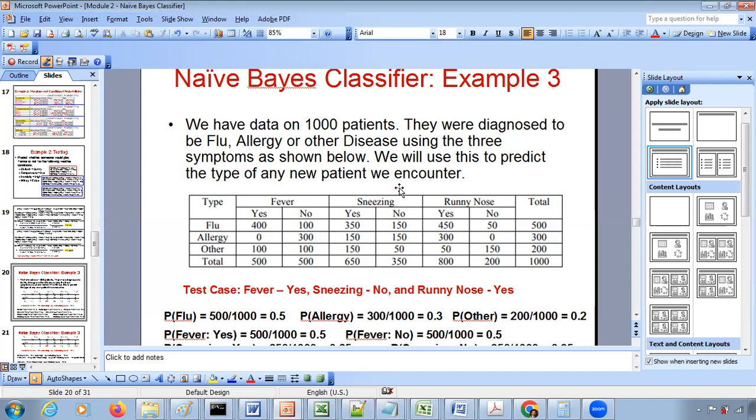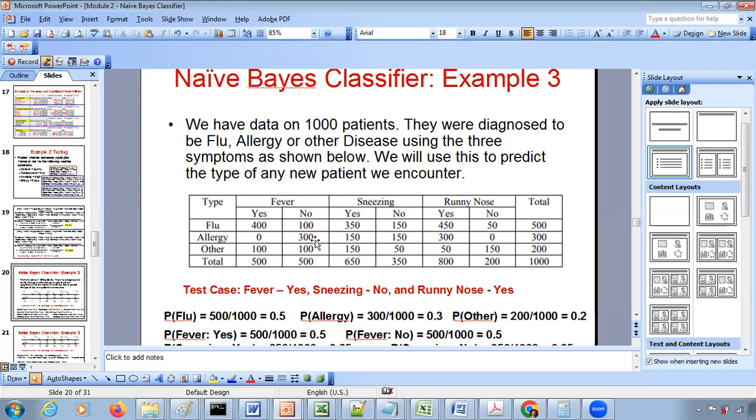Next we'll do the same thing, try to understand it. This is the first thing we should do as a data analyst, try to understand the given data set. Now for allergy, out of the 300 people who are reported to have allergy, for fever, 0 had fever.